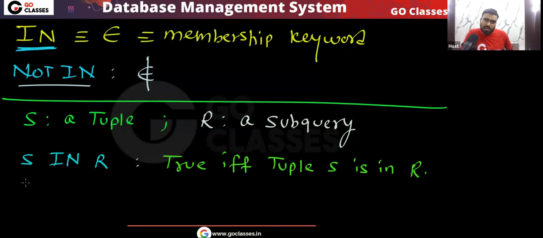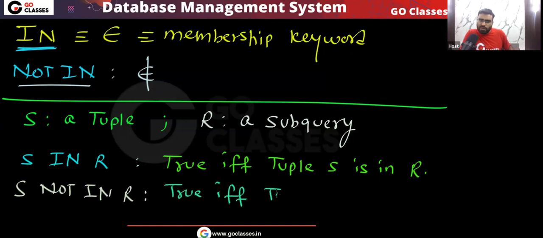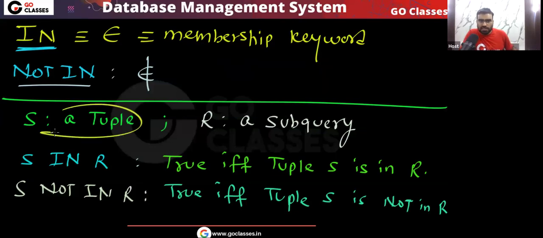Okay, is this clear? Next, S not in R. When will this be true? This will be true if and only if tuple S is not in R. Okay, is this clear? Now, one more point: this tuple and this subquery must be compatible.